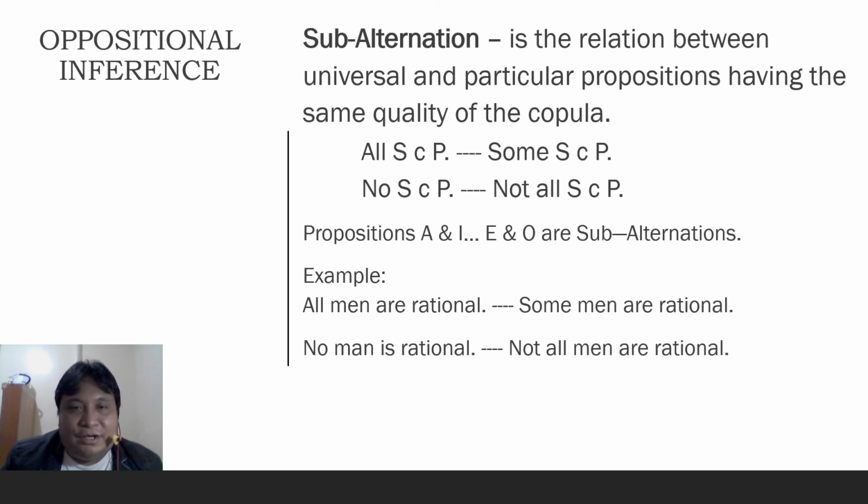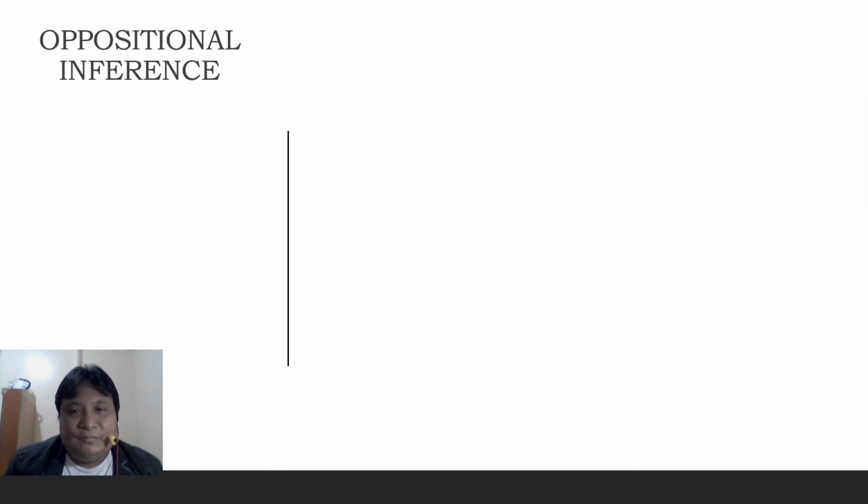So these are subalterns. On the next slide, you will see the square of the opposition. Please don't forget about this.